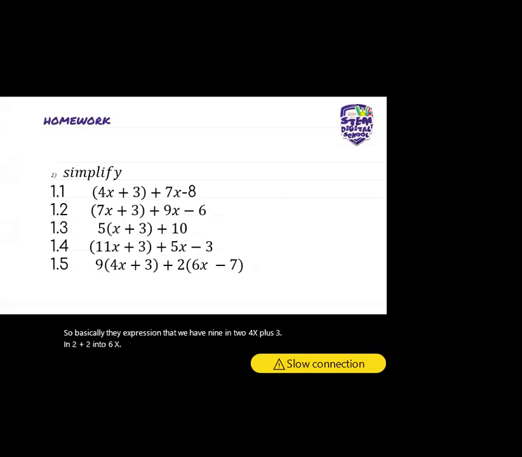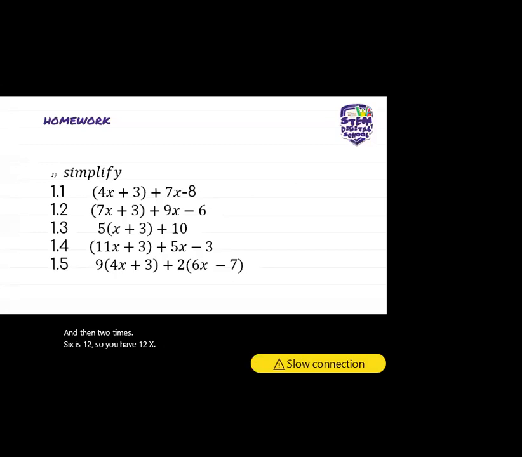So basically, you multiply 9 by 4. 9 times 4 will be 36x. So you'll have 36x. And then 9 times 3 is 27. Plus 27. And then 2 times 6 is 12. So you'll have 12x minus 14.